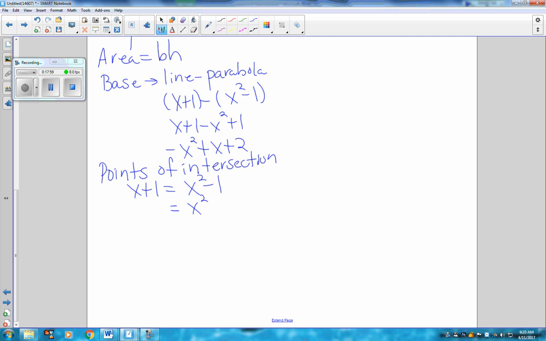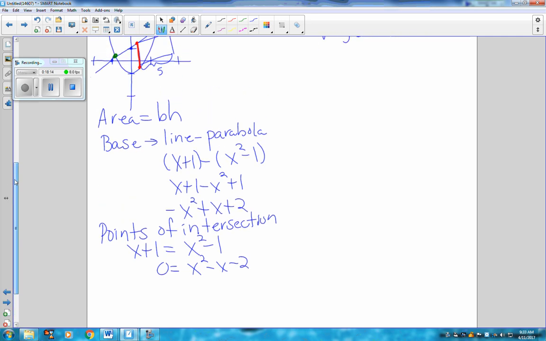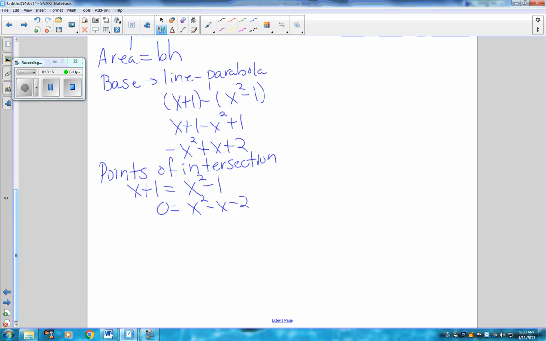So I have x squared. I bring this x over, minus x. Bring that 1 over, minus 2. Of course we're going to have to factor because there's 2 answers. We have 2, your upper and your lower, or right and left in this case. All right, what does this factor to? Yes.